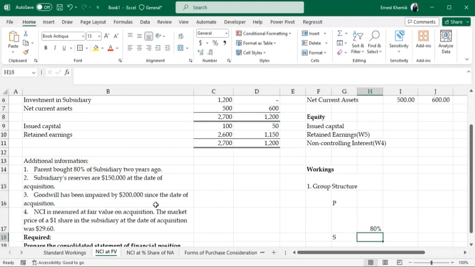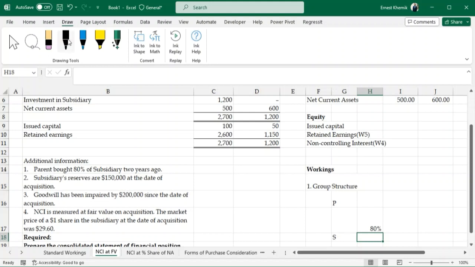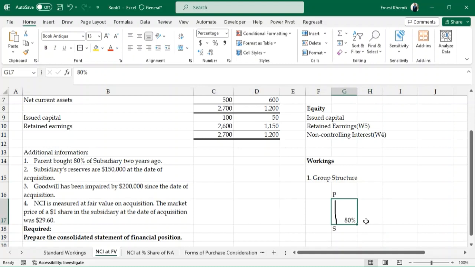So I can actually use a draw to do this. So the parent has acquired 80% of the subsidiary, and so it is left with 20%.